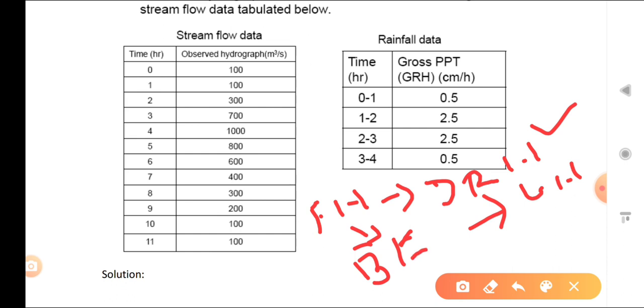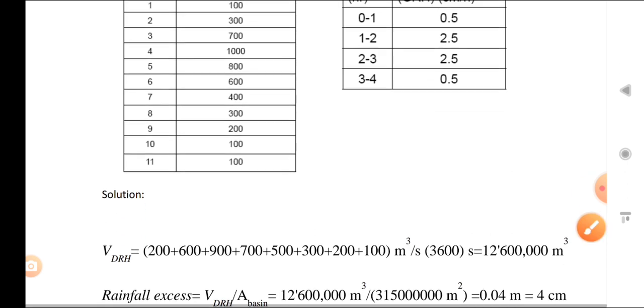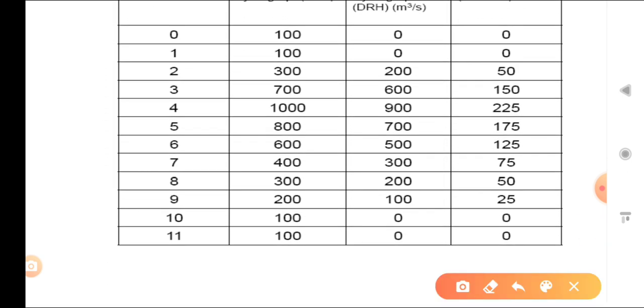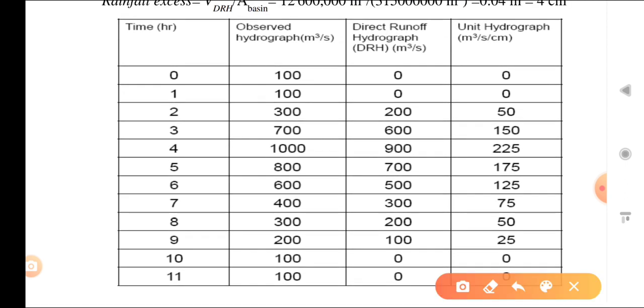And how do we go from DRH to UH? You divide that ordinate by the effective rainfall excess. Correspondingly you make the columns. Those values are given in your problem. So now what is the next column? We have to make the direct runoff hydrograph ordinate.